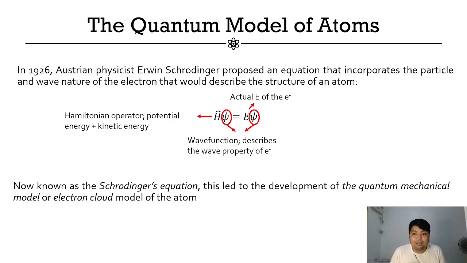So currently this is the latest electronic model of an atom, and experiments in the decades following the establishment of Schrödinger's equation further prove the electron cloud model as proposed by Erwin Schrödinger.